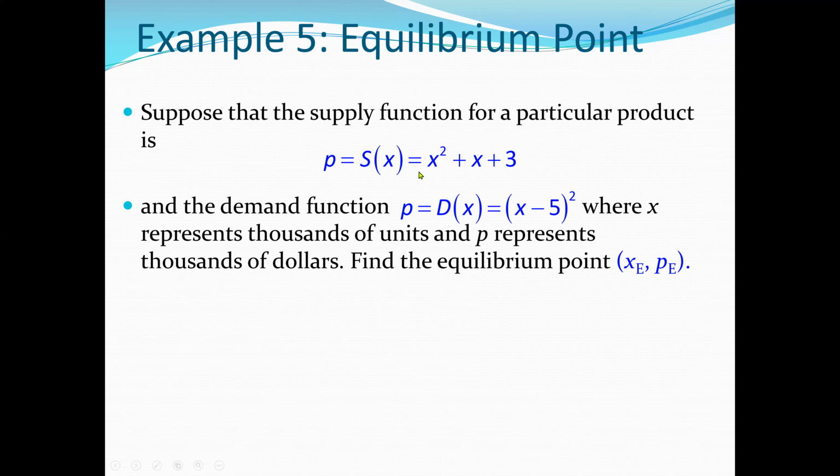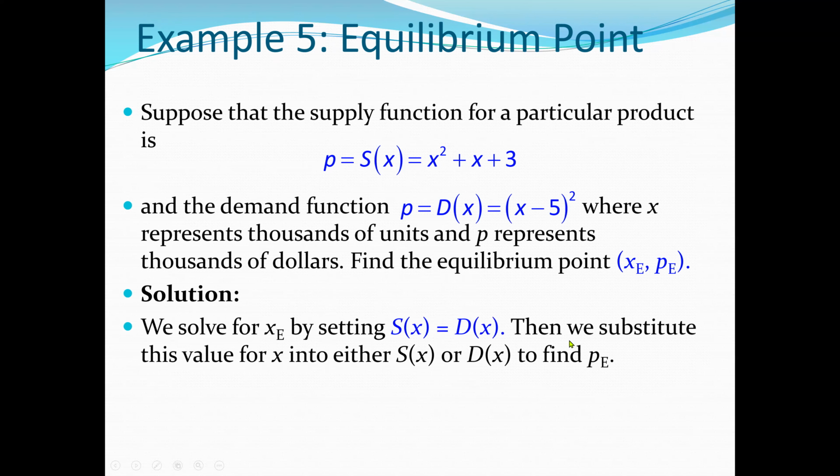In business, we find the break-even point where the company doesn't lose and also doesn't make a profit. In economics, the supply and demand are the same. That's the equilibrium point. So it's kind of using the same concept. We are going to have the supply equal to the demand, or S at X equal to D at X. So we substitute the formula.